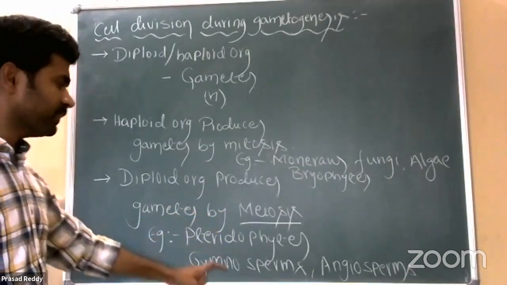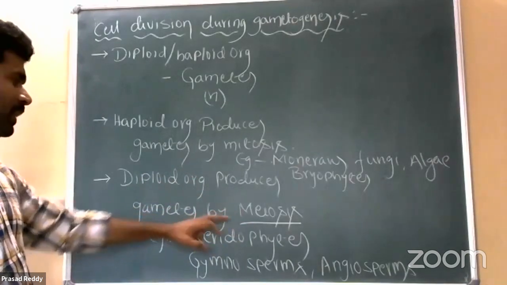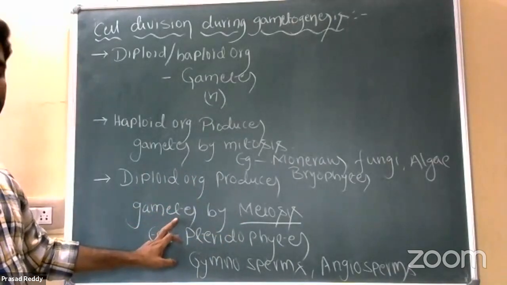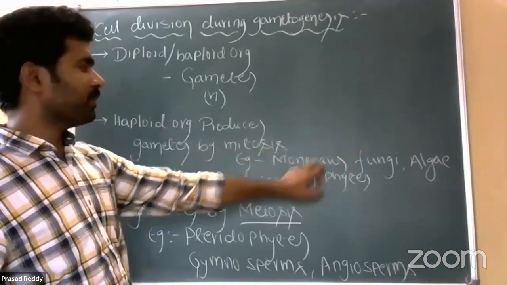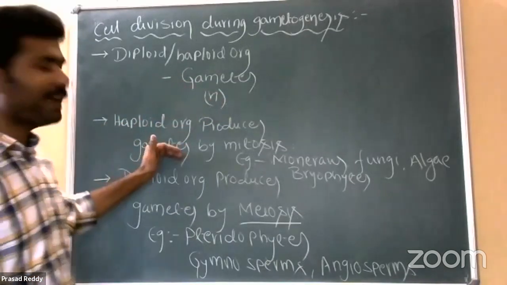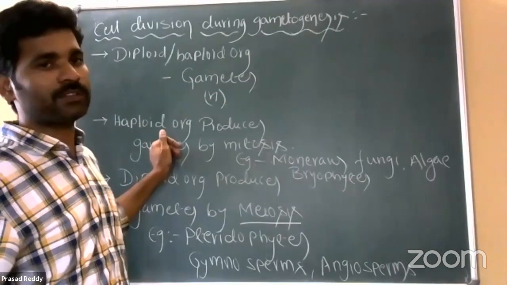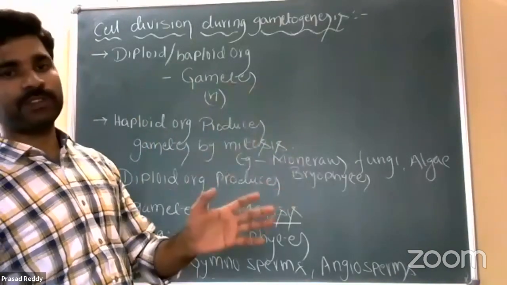So pteridophytes, gymnosperms, and angiosperms are completely diploid organisms, and by meiosis division only they produce haploid gametes. Moneras, fungal members, algal members, and bryophytes are haploid organisms and produce haploid gametes by mitosis division.